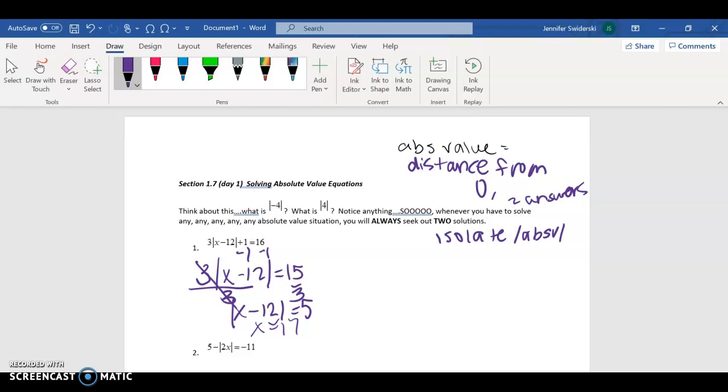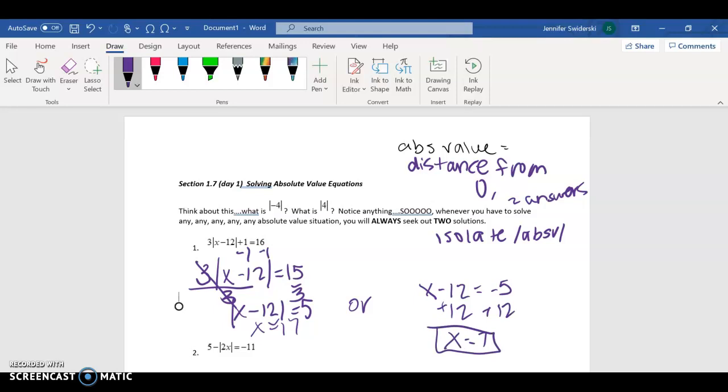But the next thing we can do besides this is write, or x minus 12 is equal to -5. So it could be equal to 5 or -5, because with absolute values, we can have two answers that would make that true. Because up here, the absolute value of -4 is 4, and so is the absolute value of 4. So I could add 12 to both sides, and I'm going to get x is equal to 7.